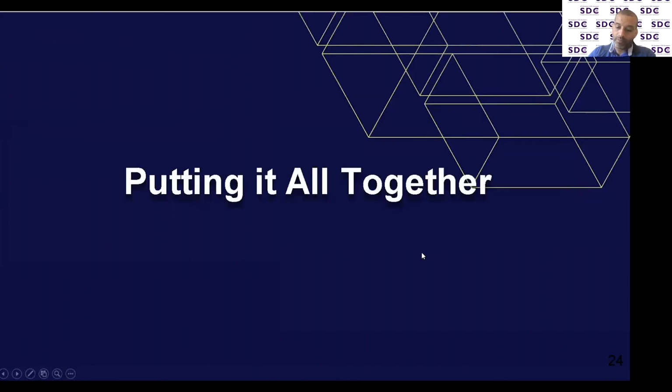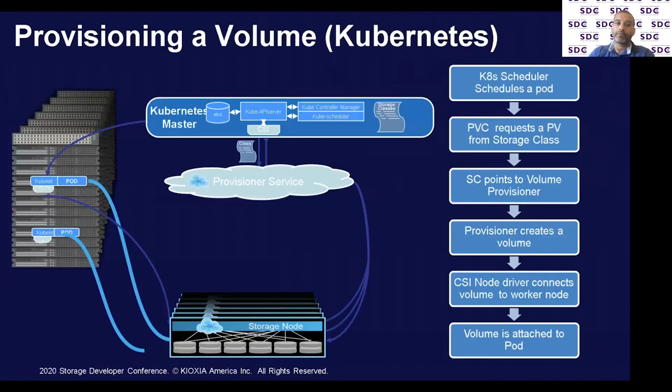All right, so putting it all together, this is how network storage comes with the help of the NVMe over Fabric protocol from one storage node or a cluster of storage nodes to storage clients. This is how it looks. In the case of Kubernetes, on the left side, I'm showing multiple Kubernetes worker nodes. Each worker node is running one or more pods. Some of those pods may require persistent storage coming as persistent volumes.